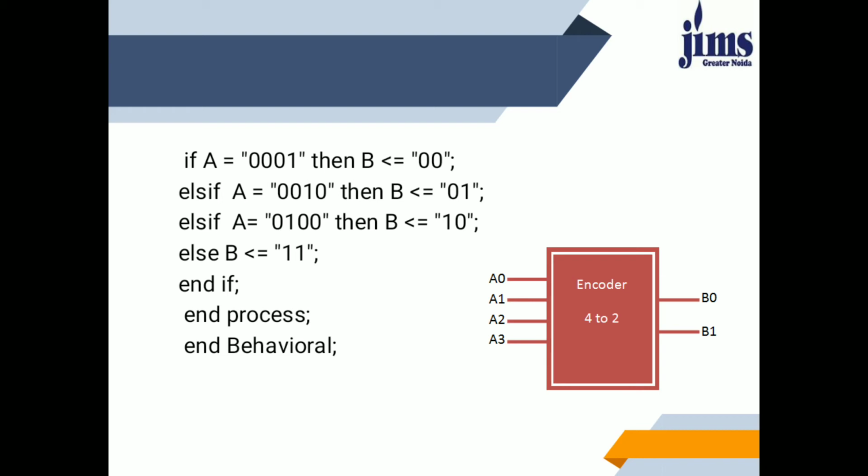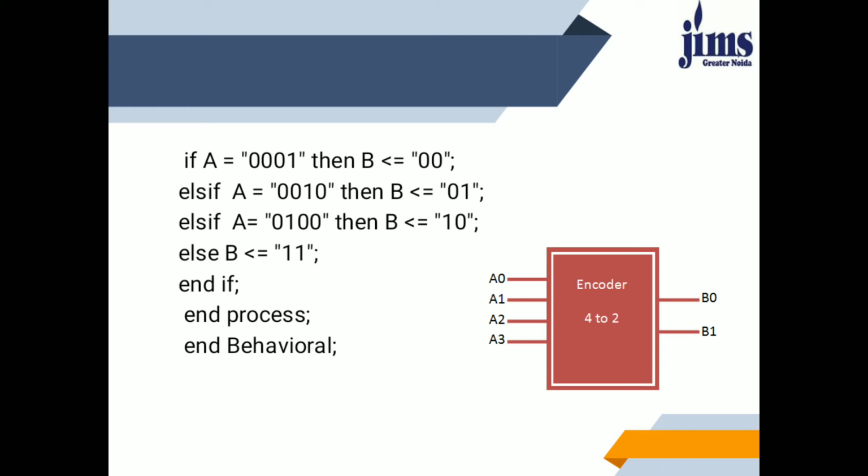As you can see here, the first condition is if A equals 0, 0, 0, 1. That means A0 equals 1 and A1, A2, A3 are 0. So I am defining it as a condition of B equals 0, 0. So if A equals 0, 0, 0, 1 comes, then B will be assigned a value of 0, 0.